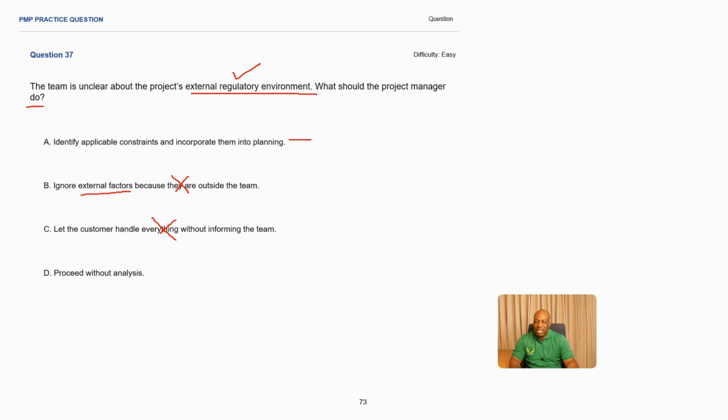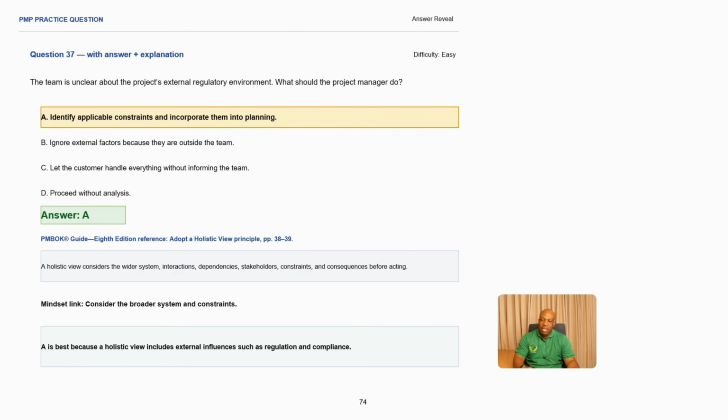Proceed without analysis. This is very dangerous. You don't proceed in a project environment without analysis. You need to understand what is the effect, what is the impact of this external regulatory item, making this an incorrect answer. Therefore, the best answer in this scenario is A, which is identify applicable constraints, okay, and also incorporate them into planning, right? So what is our reference in our PM book is going to be on the adopt a holistic view principle.